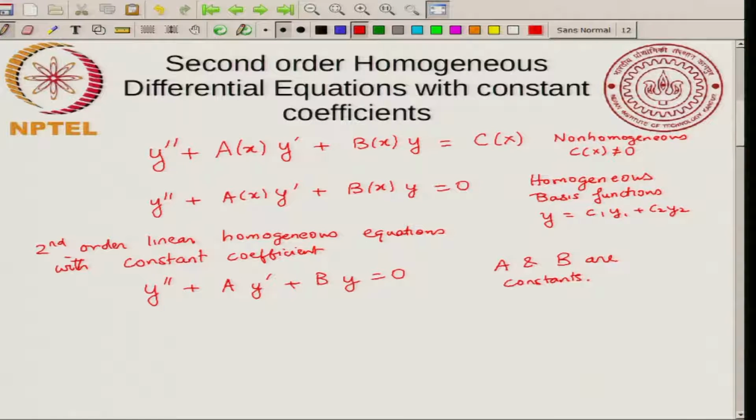Now, how do you solve such a differential equation? You can do this using the system of differential equations. You can convert it into two first order differential equations, and then you can use matrix methods. Alternatively, you can directly do this using trial solutions.